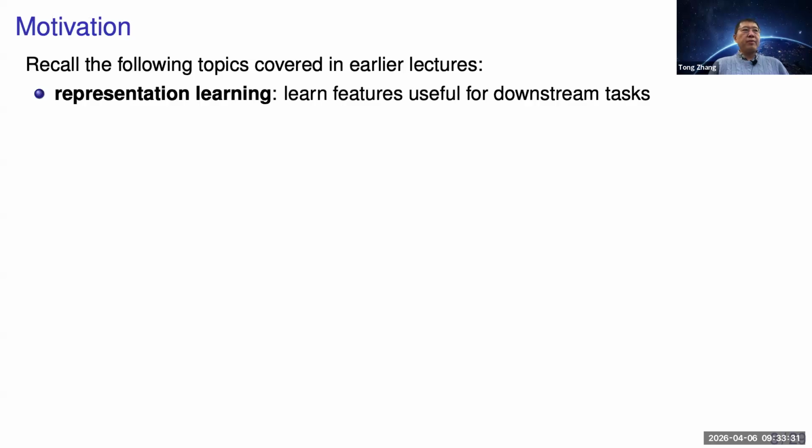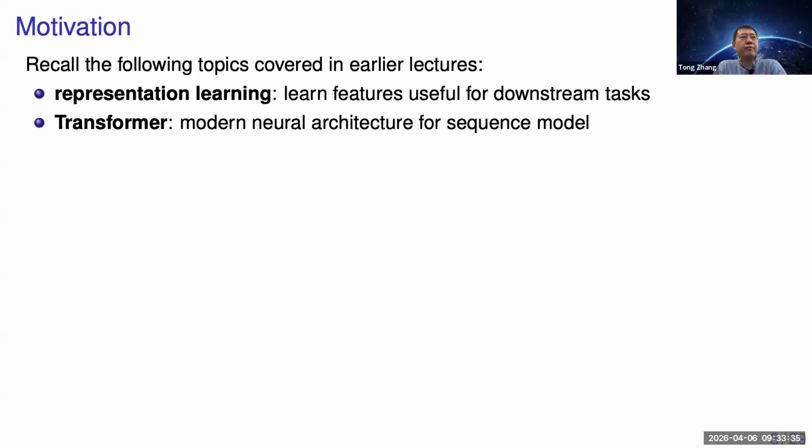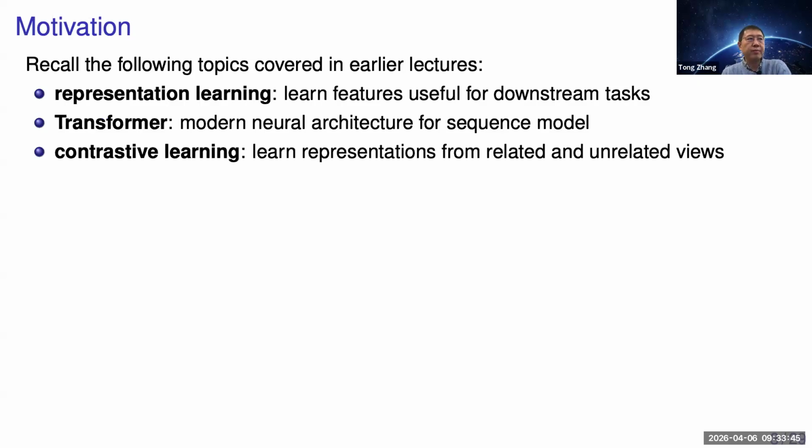Particularly, we will talk about images. The transformer, of course, is a modern architecture for sequence models, and essentially now it is taking over not only for sequences but also for images. We'll see how it works for images. Contrastive learning is a way of learning representations from unsupervised data.